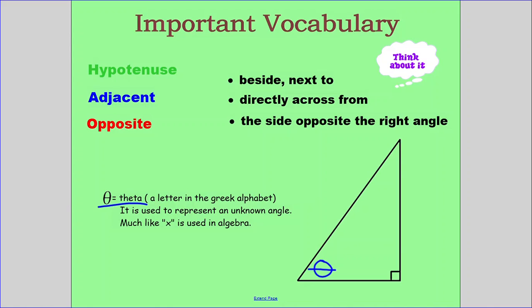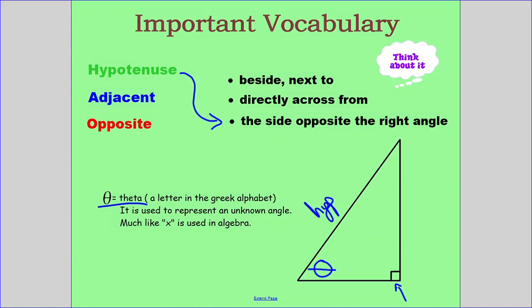Alright, so we have beside or next to, we have directly across from, and we have the side opposite the right angle. So here's our right angle, and the side opposite the right angle, hopefully you connected to be the hypotenuse. So hypotenuse is always opposite our right angle.